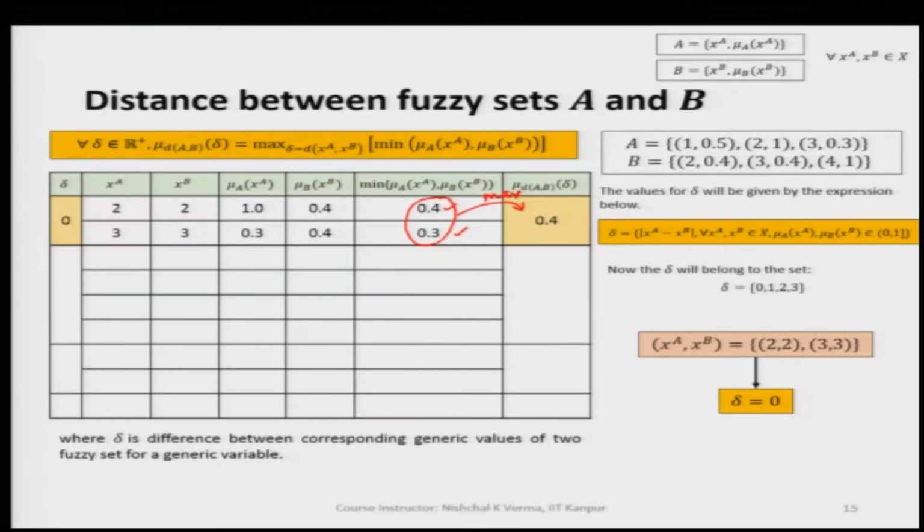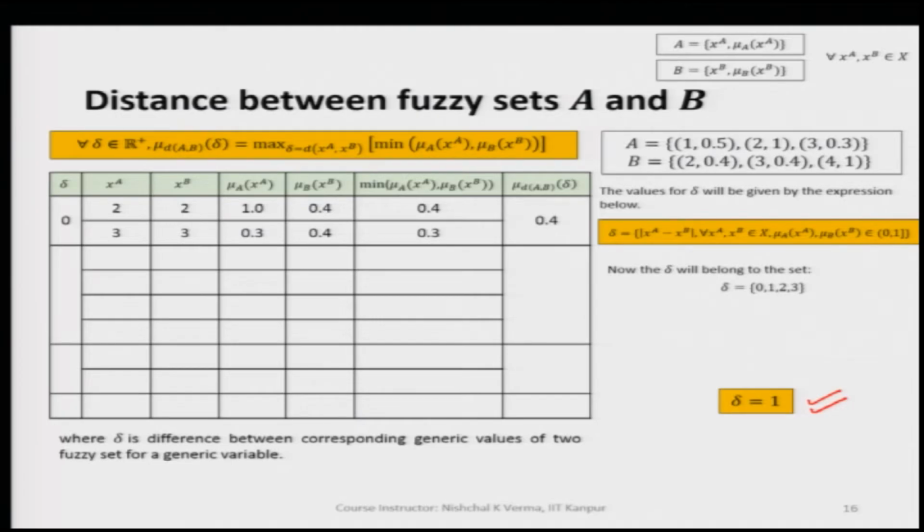If that is the case, we will try to find the pairs for which delta is equal to 2, and this way we keep moving ahead until the highest value of delta for the x A, x B pairs. All right, so let us now quickly try for delta equal to 1, which is here.